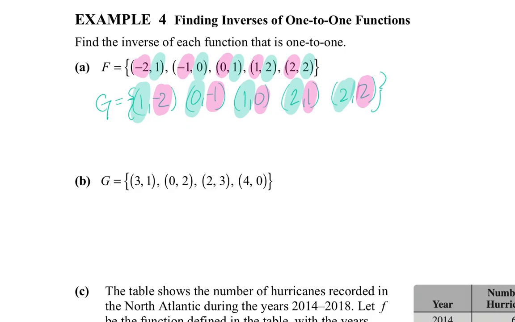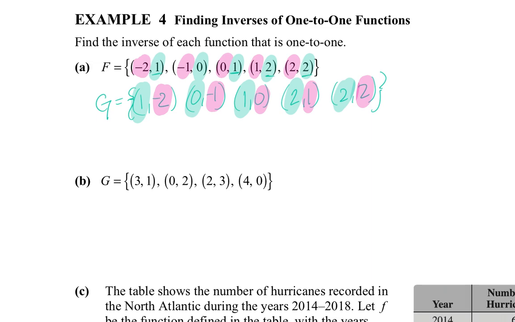Now, what I do see is that when I'm looking at my function f, I look at my domain. I got negative 2, negative 1, 0, 1, 2. So my x's are good, they're not repeating. But then I start looking here and I see that negative 2 and 0 are both using 1, and then 1 and 2 are both using 2.